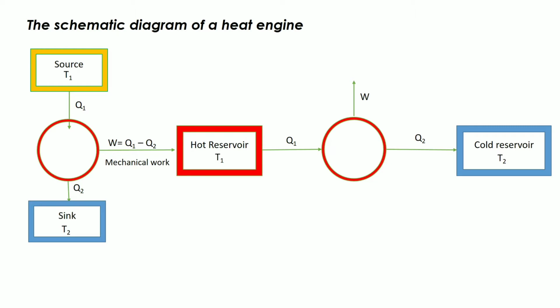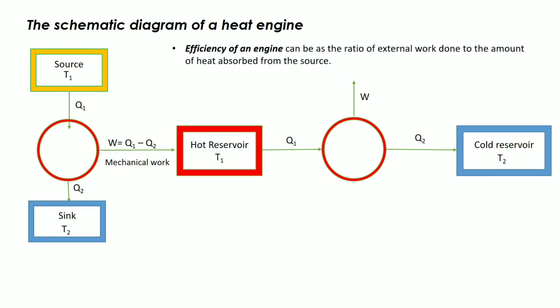Heat energy is never converted completely into mechanical energy. That is, the efficiency of a heat engine is never equal to 100%. Thus, we can define the efficiency of the engine as the ratio of external work done to the amount of heat absorbed from the source.